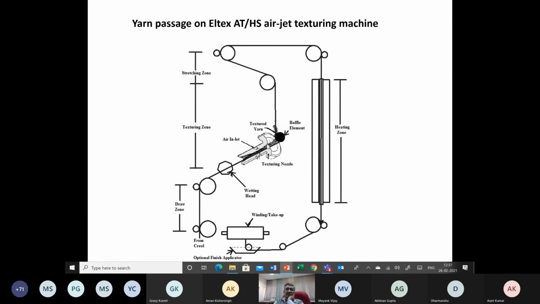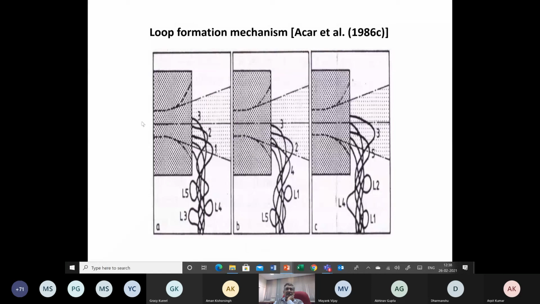Then it goes to the supersonic jet, and then you get the surface loops. Then there is a stretching zone and a heat setting zone. Finally you apply the lubricant, and then the yarn is wound. You can see the filament yarn coming in parallel, all filaments, then they get entangled and form loops.